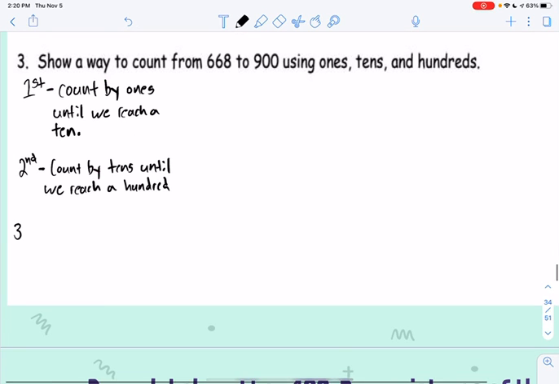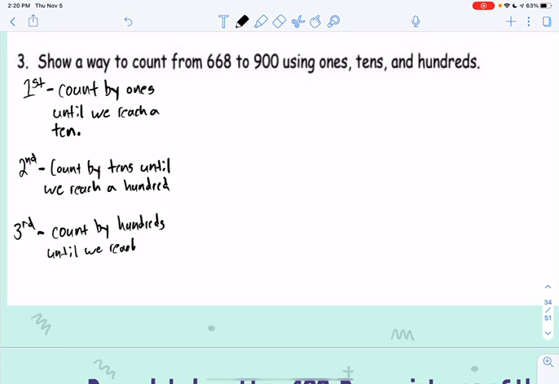And then our third condition is going to be count by hundreds until we reach our answer, or thousands.